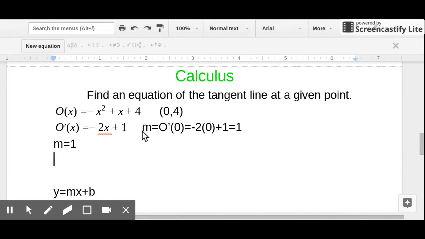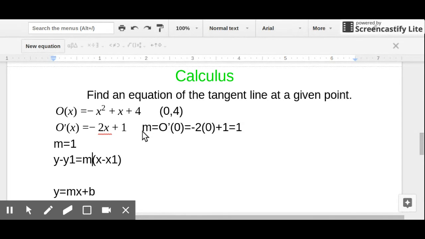And we're going to plug it into that point slope form. So we said the slope was 1, x minus x of 1. This is what we're plugging it into here.